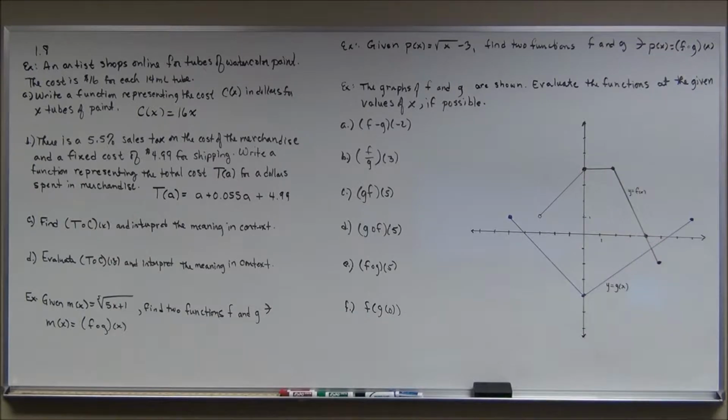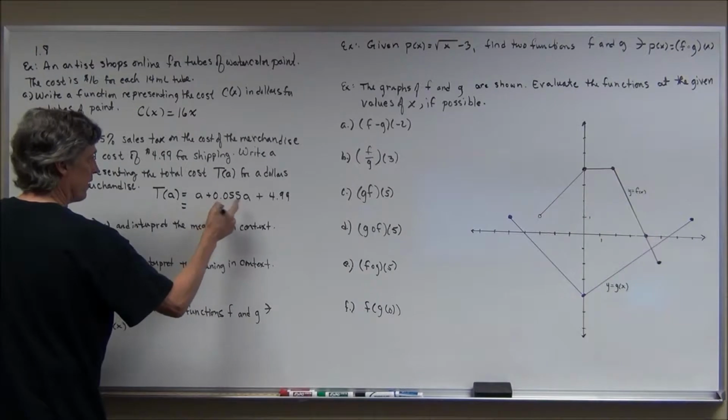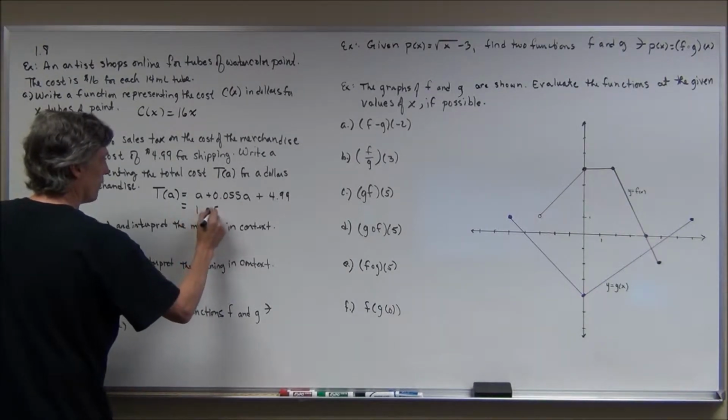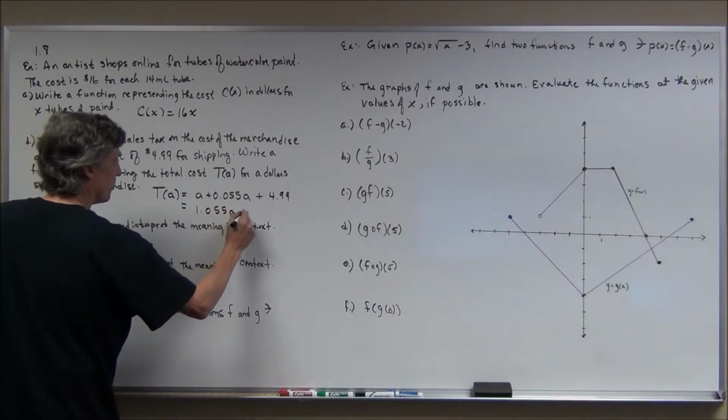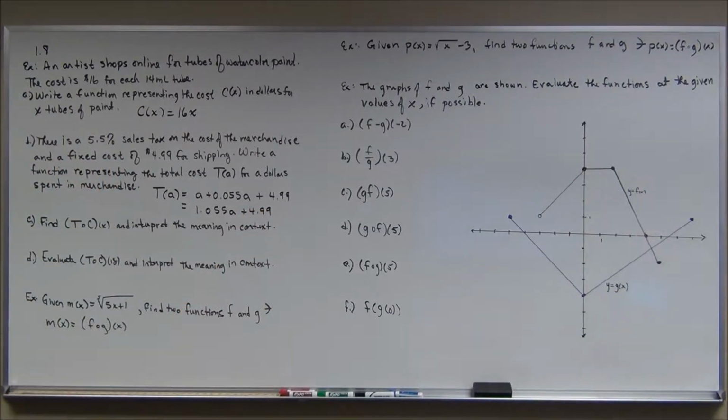Now hang on a second, A is the merchandise cost, so this is 1A plus 0.055A, that'd be 1.055A plus 4.99, and that would be the total cost in dollars.